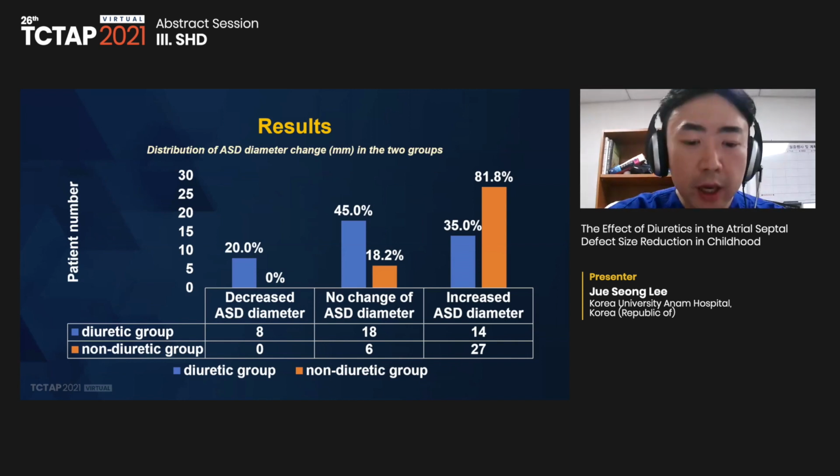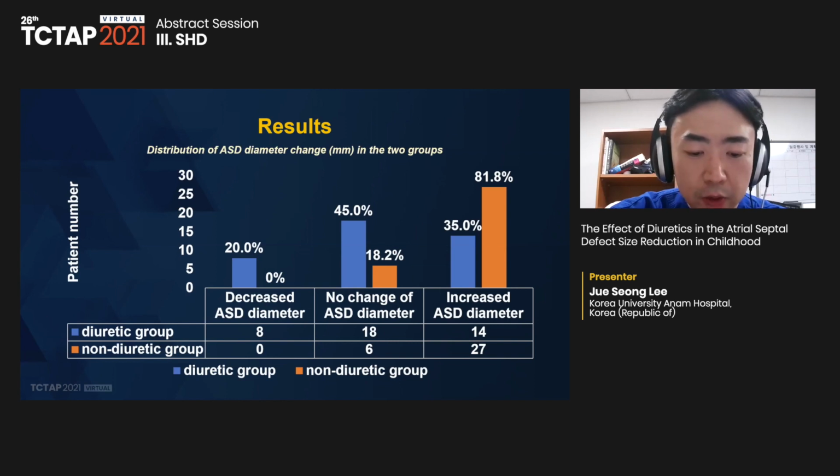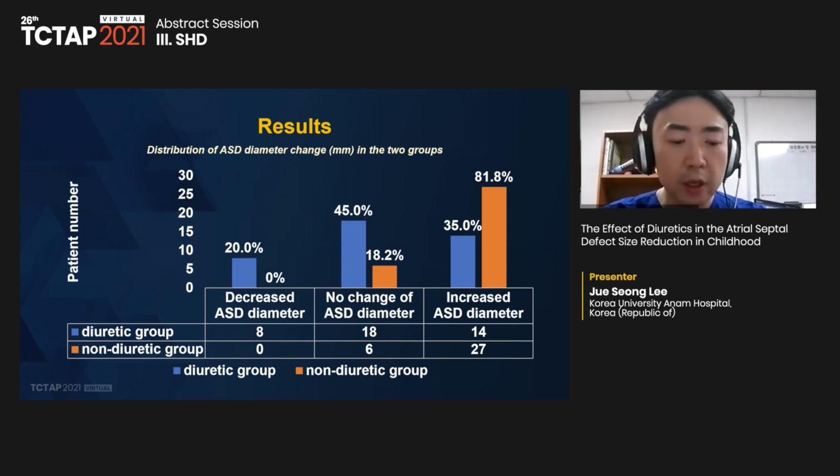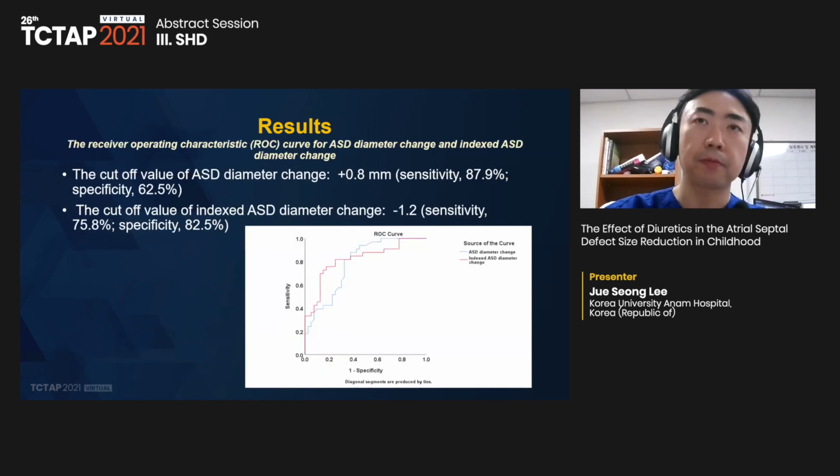And we investigated the distribution pattern in the two groups based on the ASD diameter change status. In the diuretic group, the ASD diameter decreased, was stationary, and increased in 20, 45, and 35% of the patients. In the non-diuretic group, none of the patients showed diameter decrease, and it was stationary and increased in 18.2 and 81.8% of the patients, respectively.